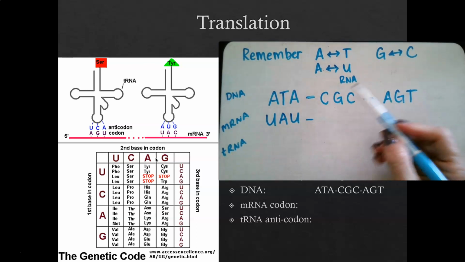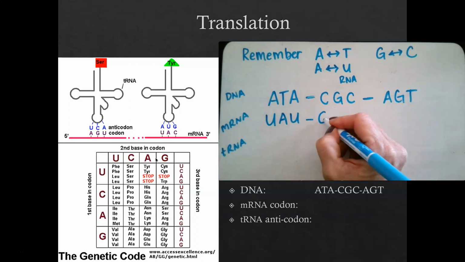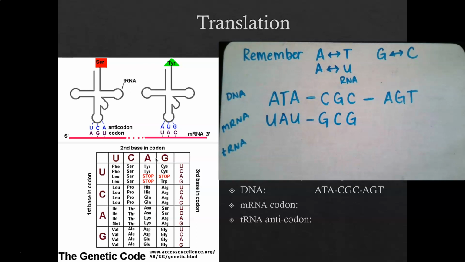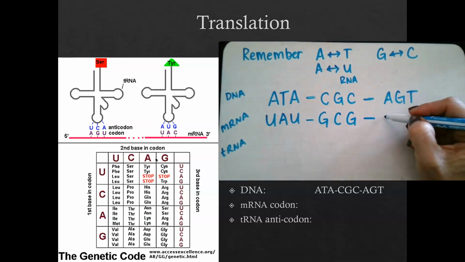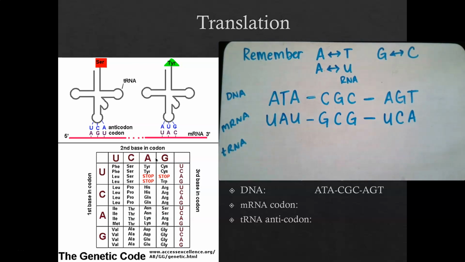And then C is complementary to G, so I would get G, C, G. And then last but not least, again, A with U because it's RNA, so this would be U, G with C, T with A. I will definitely be asking you to do this kind of formation of the complement.